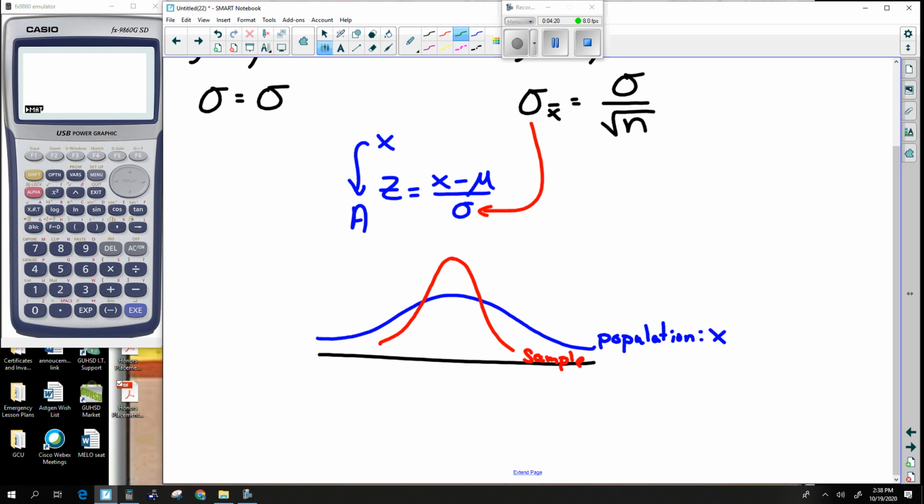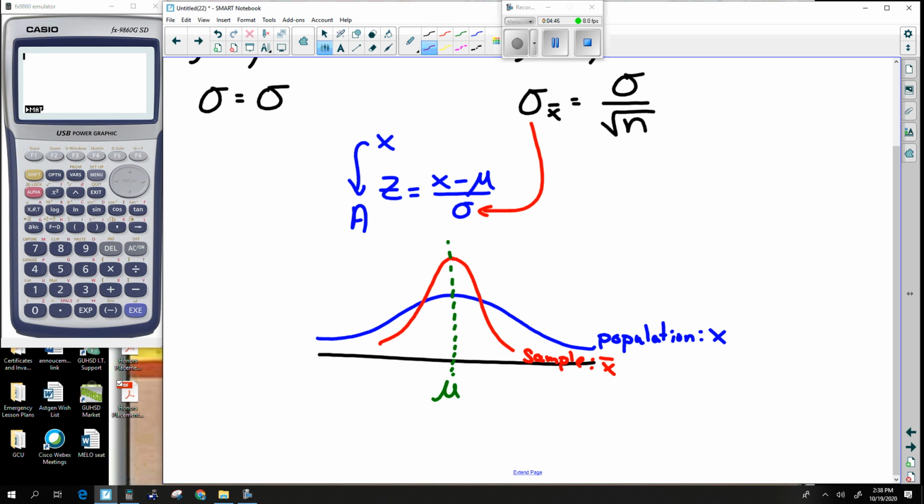You'll notice that the average is the same. Again, samples are x bars. But there are 2 obvious differences that you can see. One, samples are taller, and samples are more narrow.